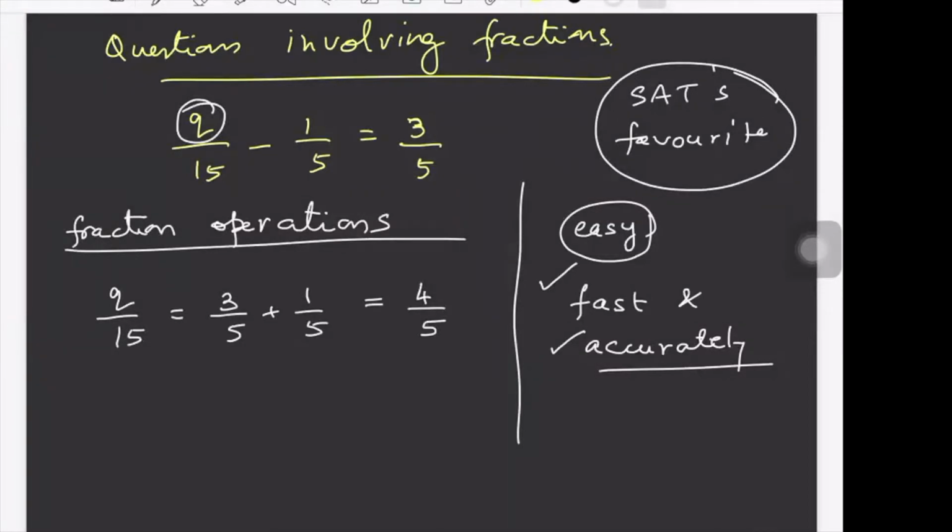Now Q becomes 15 into 4 divided by 5. The 5 and 15 get cancelled off, we have 3 as a quotient. So the answer is 12. This is one way to do it. So one way is fraction operations. Is this how you have done it?